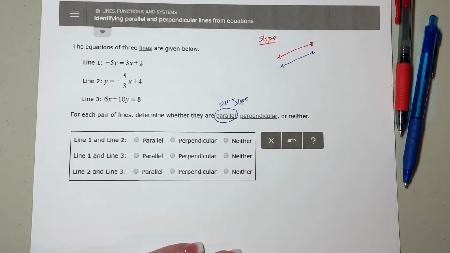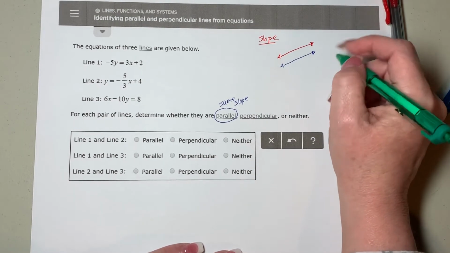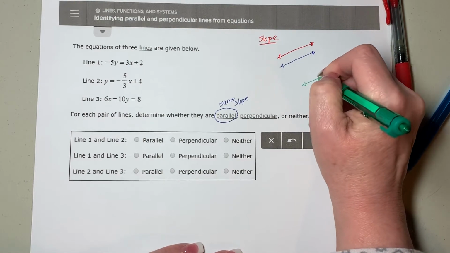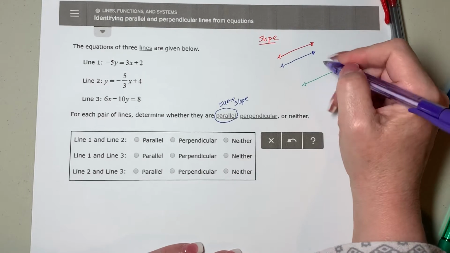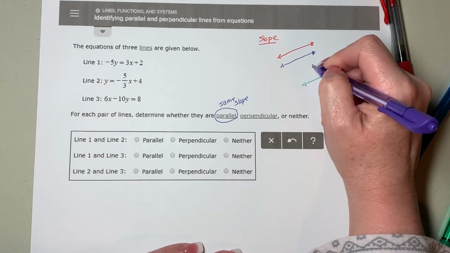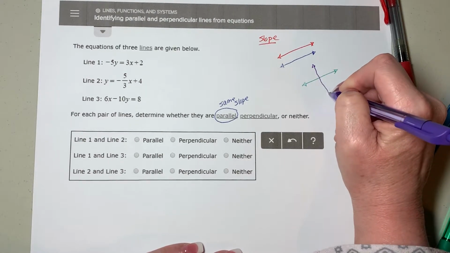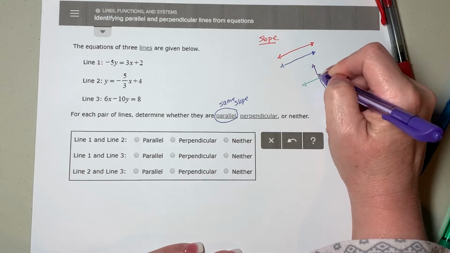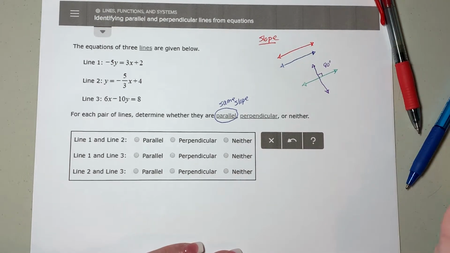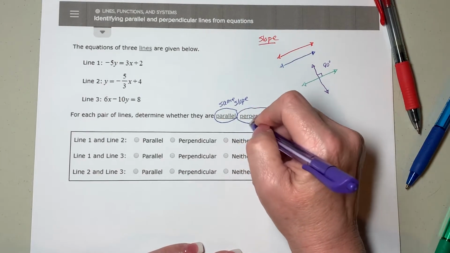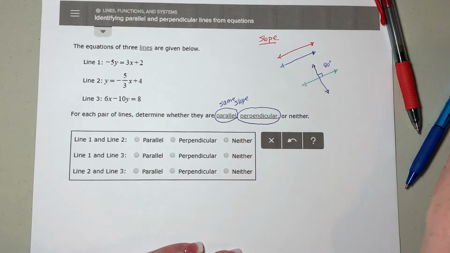But perpendicular lines, if you have two lines that intersect each other, but they have to intersect at a perfect T, or what they call a perfect 90-degree angle, that is perpendicular, okay?